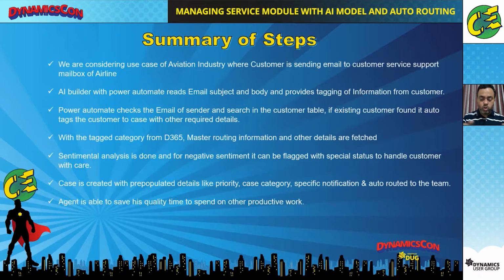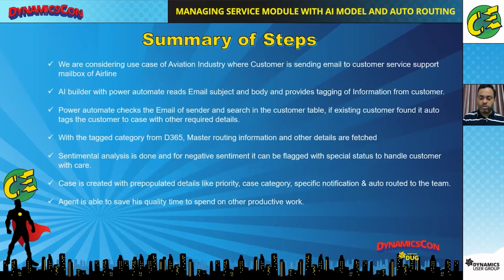If you see this total summary, I just want to give you a little insight into the technical side of what we are going to cover in the demo. In this demo, we are considering the use case of the aviation industry, where an email comes to the customer service support mailbox of an airline. We are leveraging the features of AI Builder with Power Automate, which reads the email subject and body and provides tagging of the information from customers.